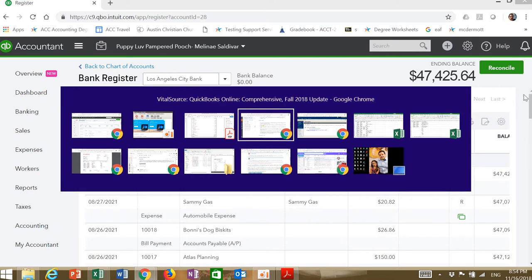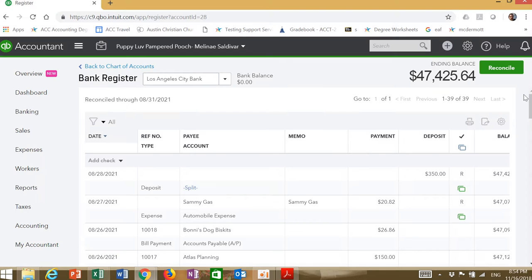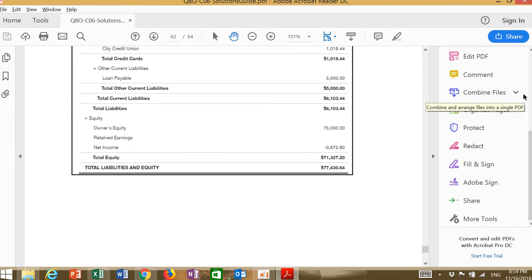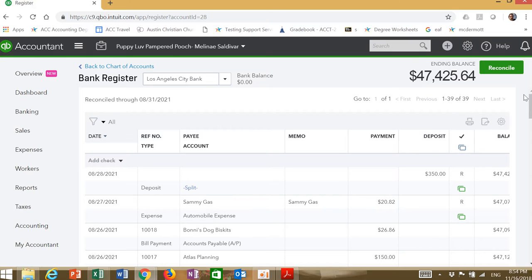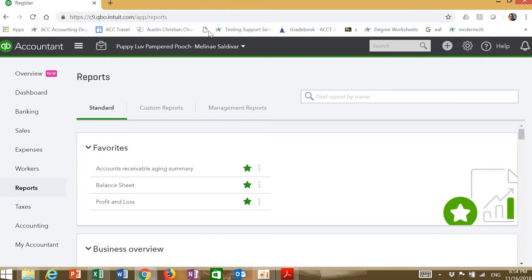And then I believe that's going to bring our cash in line. Yeah, so cash is in line. If we go back to your balance sheet, hopefully all that stuff will jive.